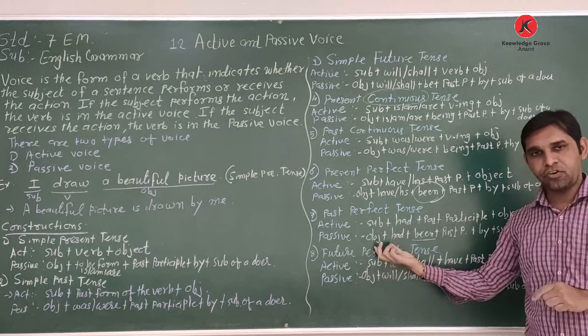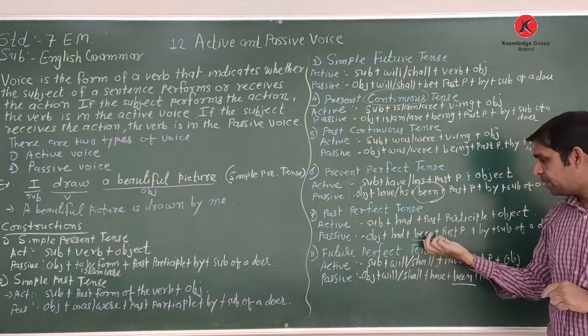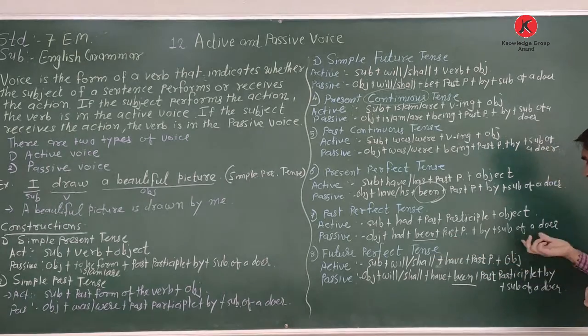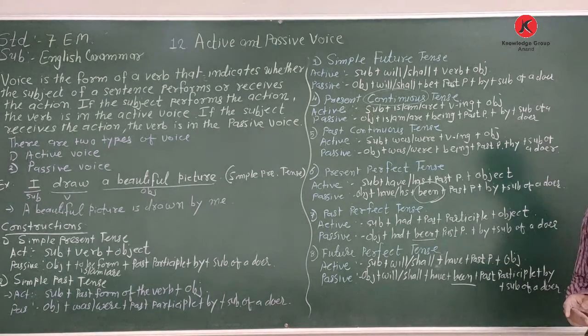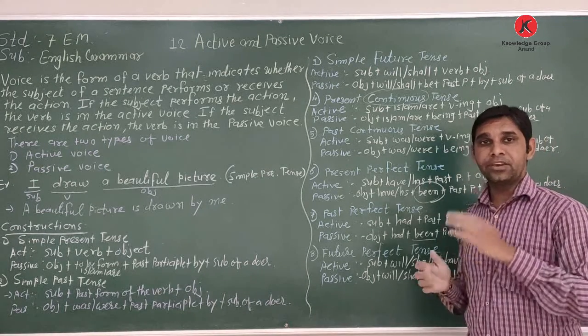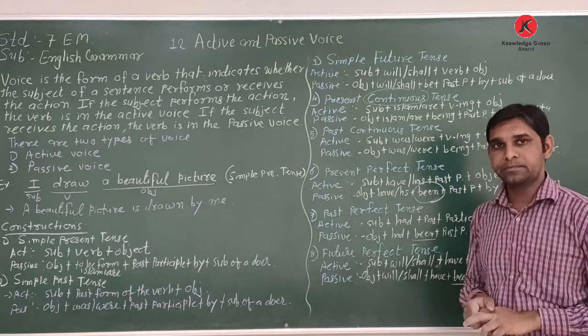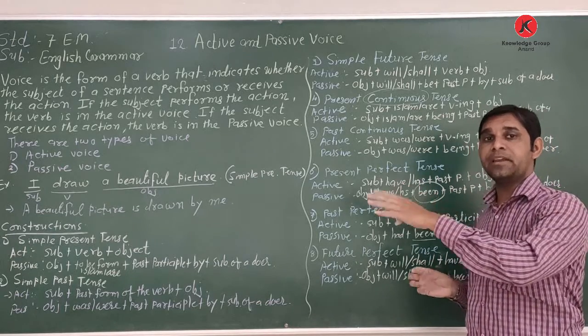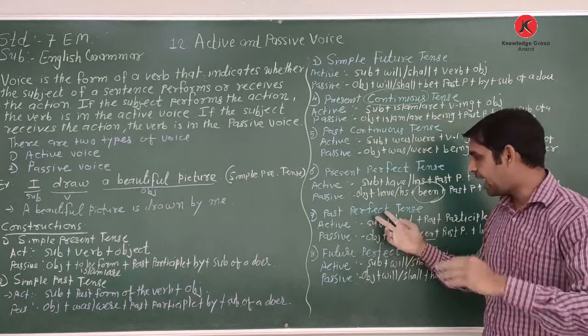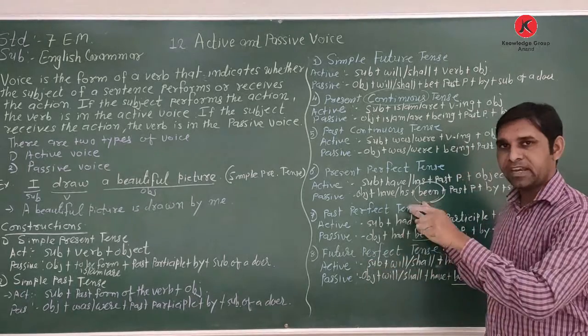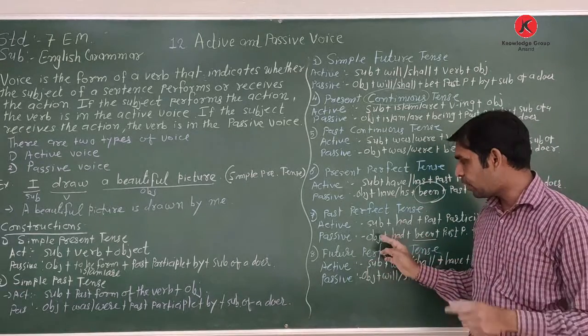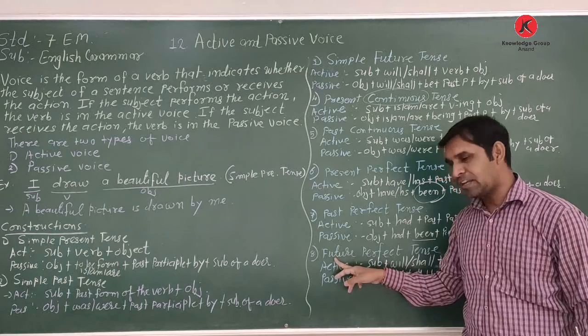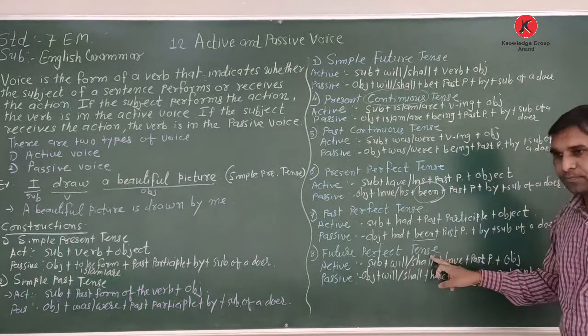The passive construction is object, then had, then been, then the past participle, by and the subject of the doer. They had written their homework. So: their homework had been written by them. That is the active sentence and the passive construction.